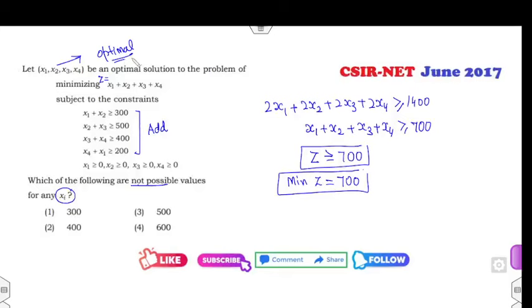So once they are optimal, definitely they are feasible. Now each of the xi's is greater than 0. Now what can be the max value of x1? 300. What can be the max value of x1? 200. This means x1 cannot be greater than 200.